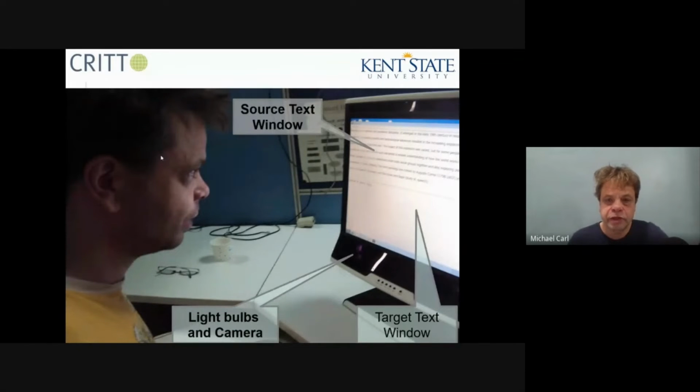So here is a screenshot of Translog. We have here in the upper part the source text. In this lower window here is a target box where a translator would type in the translation. And this is a Tobii eye tracker.